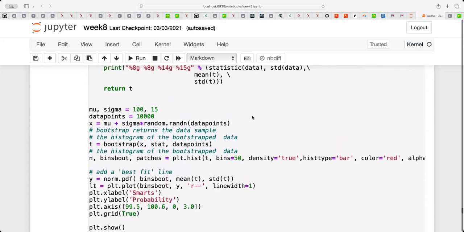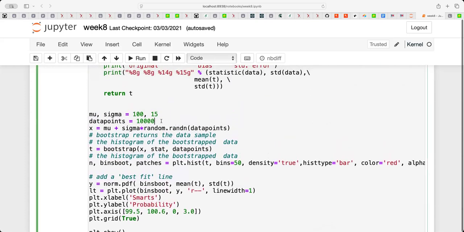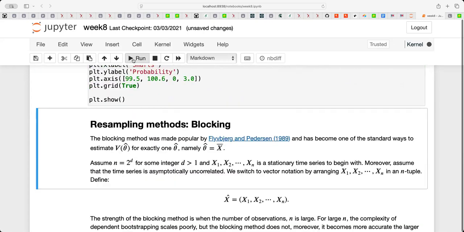Now, one thing I can do now is obviously to increase the number of points. So let's do that. And then we have to wait a little bit, because this is going to take time. So you will see that this will take more time. But what you will see when I have 100,000 points is that my mean value, mu, for one experiment is getting closer to 100.